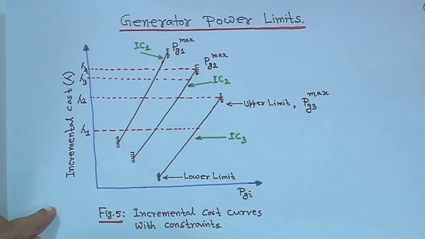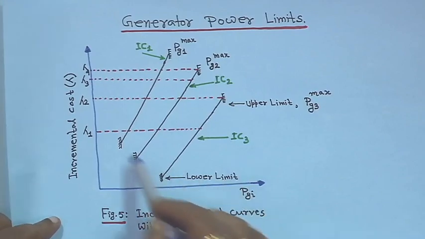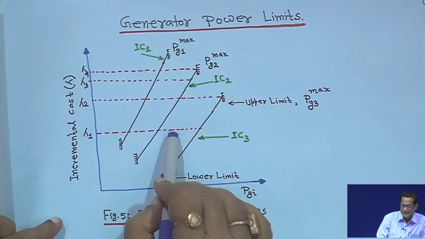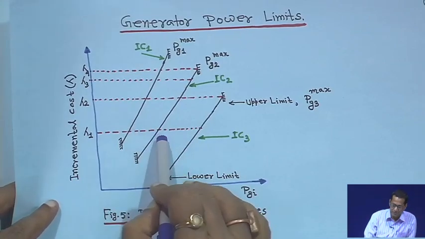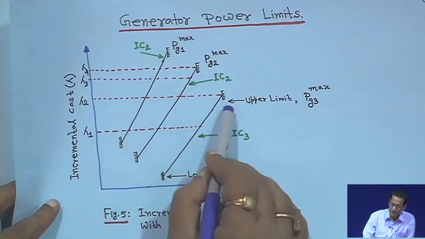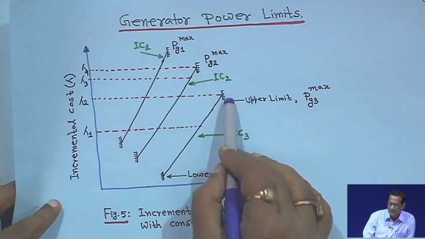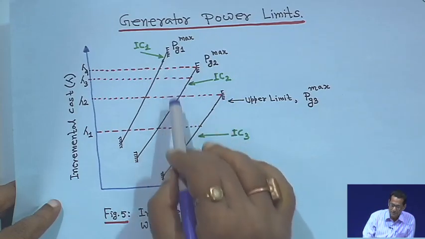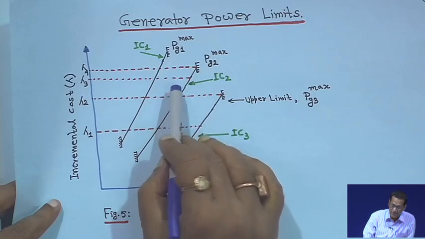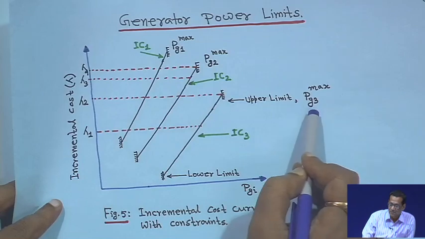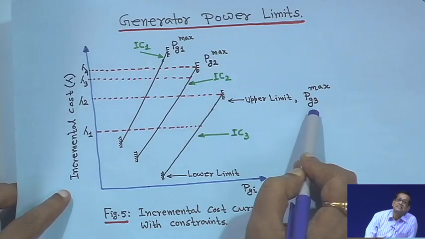I hope you have understood this. That means from the lower limits, the units will operate on an equal lambda basis. Now, if the load is increasing, generation has to increase, so lambda moves upwards. When it touches the limit of the first unit, that is unit 3's maximum, then beyond that, if the load increases further, these two units operate on an equal lambda basis, but Pg3 must be kept at Pg3 max.